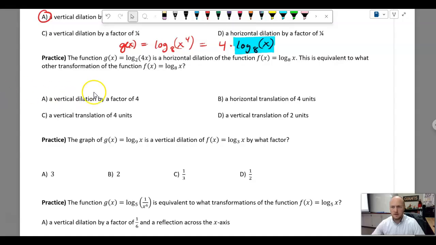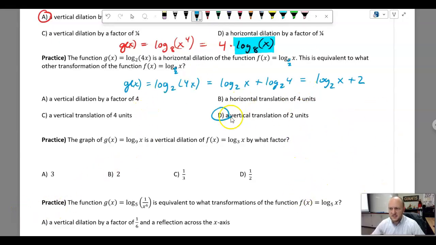I think this is supposed to be an 8 right here. So make that an 8, okay? So pause this, I'll go ahead and show you the answer. Actually, based upon the answers here, I think the typo is here. I think those should be log base 2. So please change those and pause me, try these.